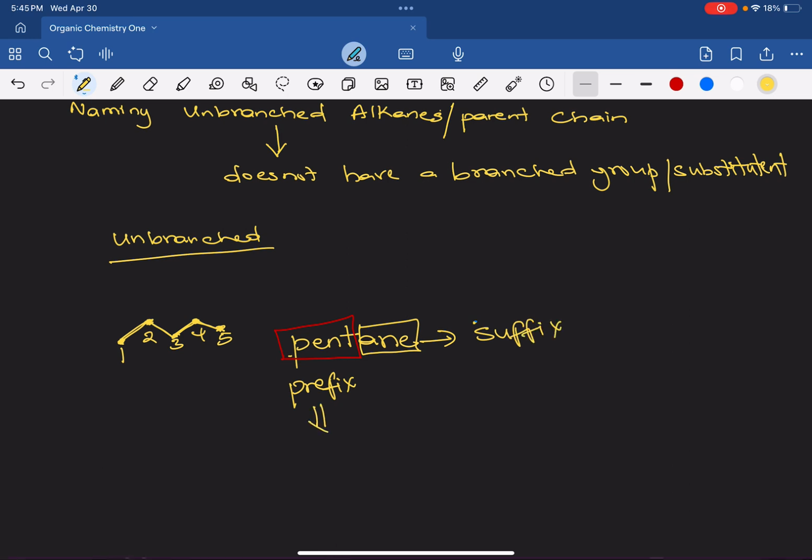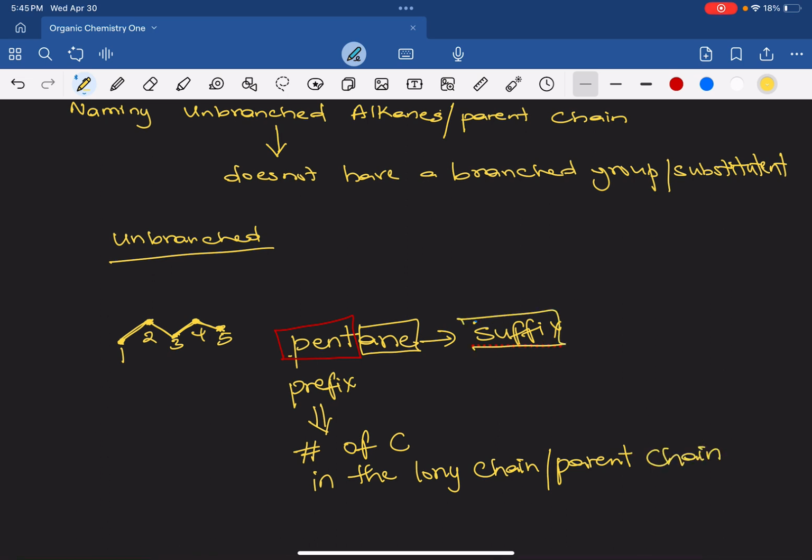Now the prefix tells me the number of carbons in the long chain slash parent chain, right?